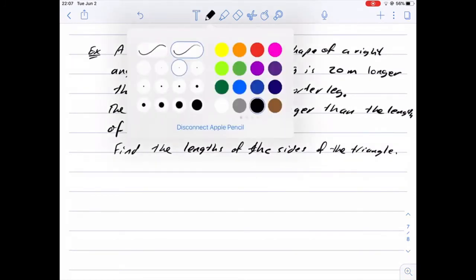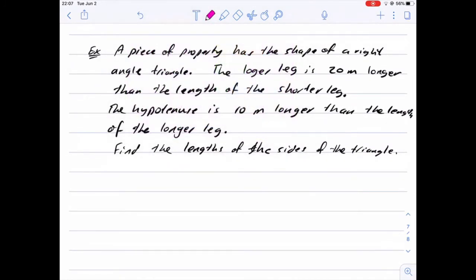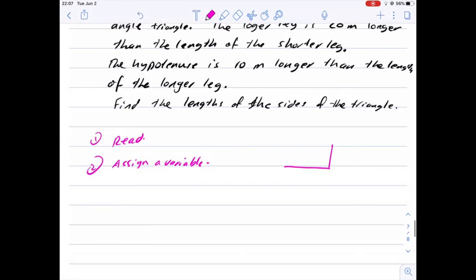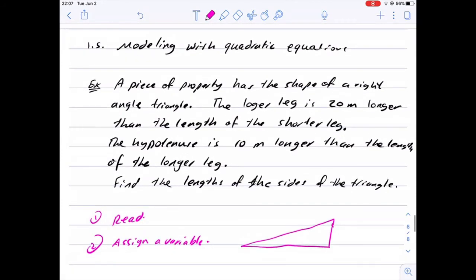So this is a modeling problem, so we need to remember that the first step is to read the problem, and then after reading the problem we assign a variable. Now, how to assign a variable? We can graph this problem. We start with the smallest quantity.